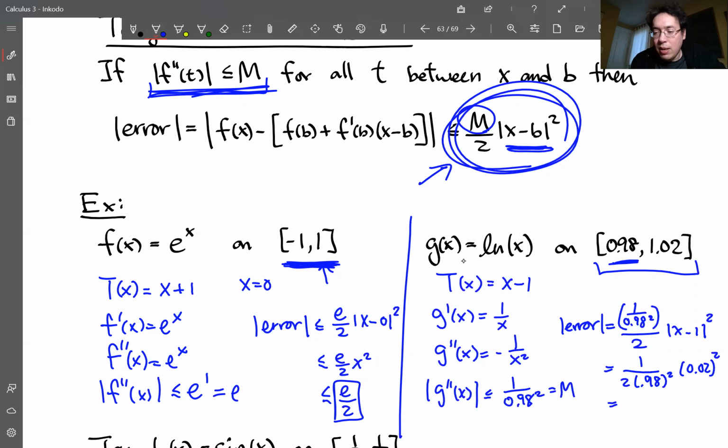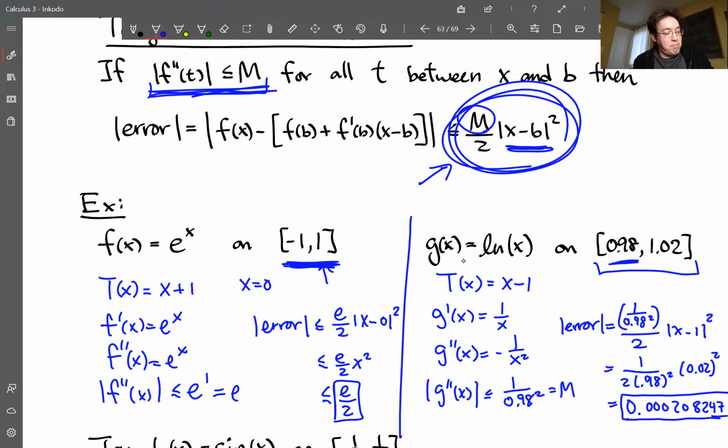Okay, let me type this into the calculator. 1/2 times 1 over 0.98 squared times 0.02 squared. Okay, so the worst case error is 0.000208247, and so on.